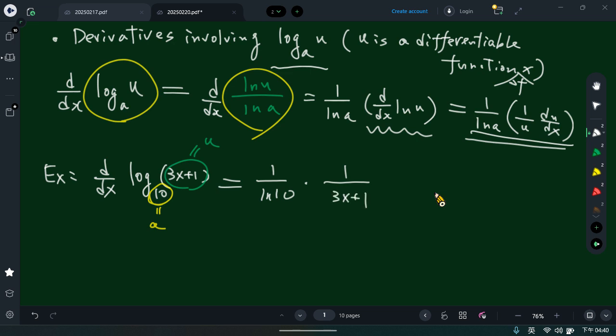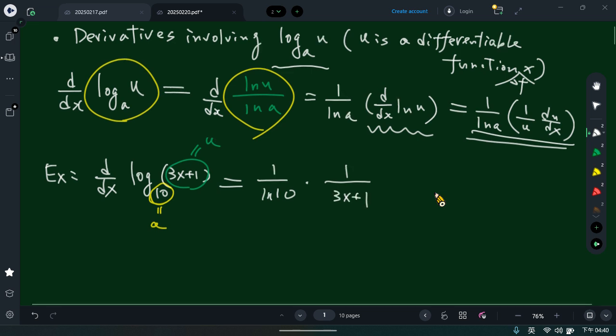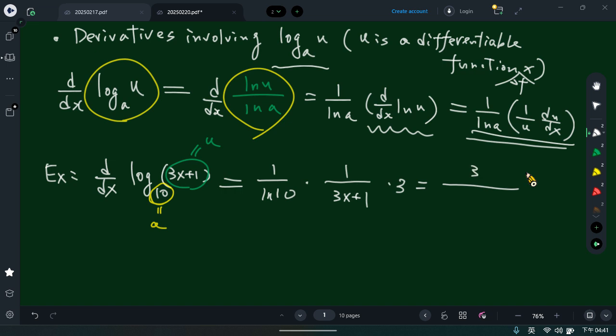Then finally, we differentiate u with respect to x, and the result will be 3. So finally, the answer will be 3 over ln 10 times (3x plus 1). This part is about how to calculate the derivative of a function with a logarithm.